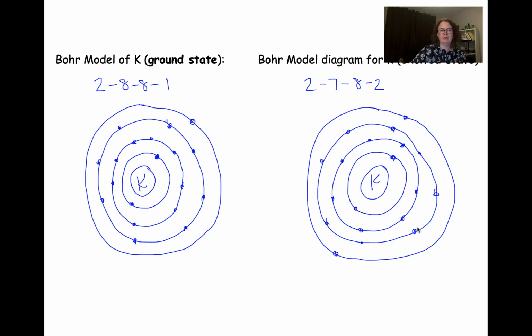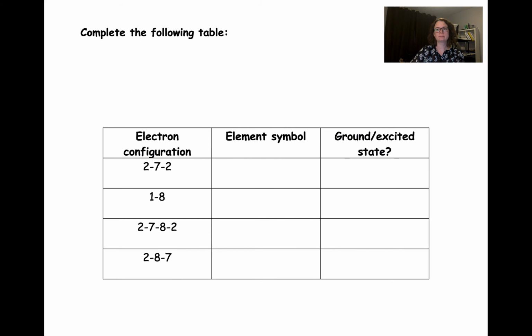So from going from the ground state into the excited state, we moved an electron from n equals 2 out to n equals 4. Right, and now our Bohr model can really show that. And we can do some more examples.